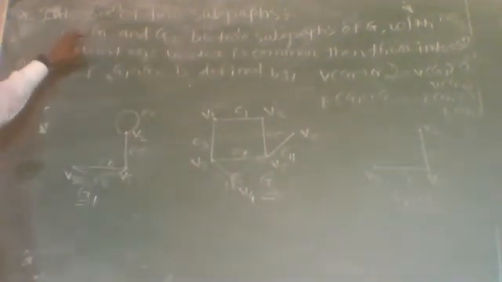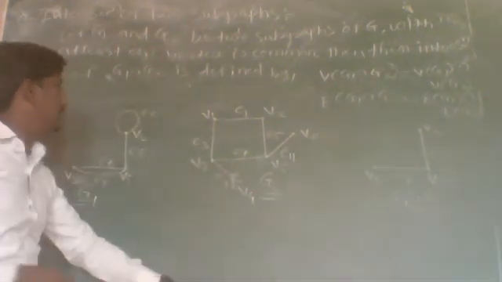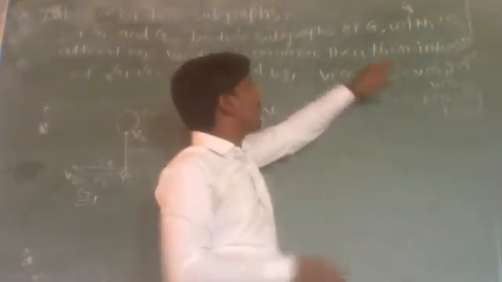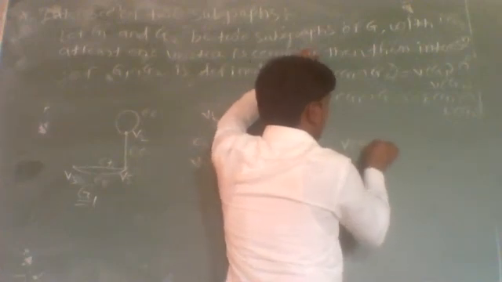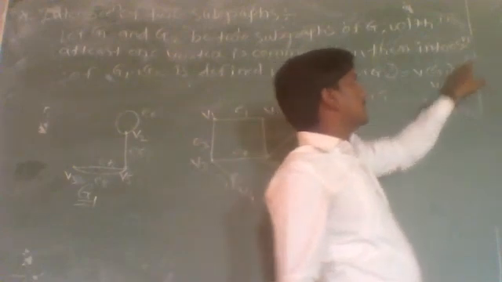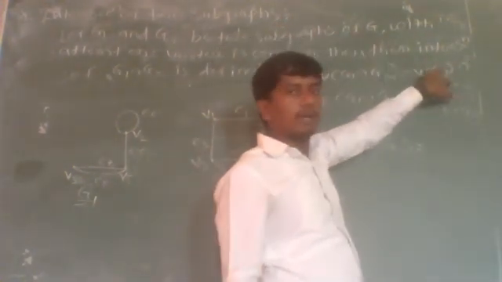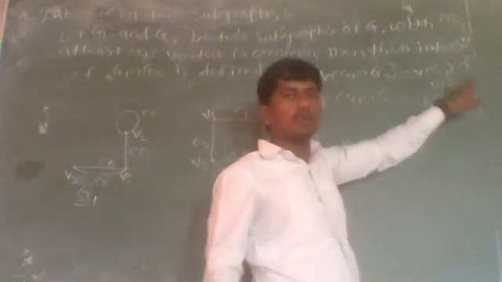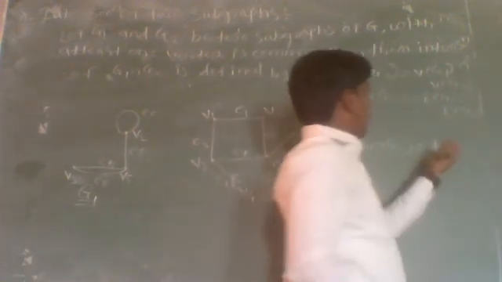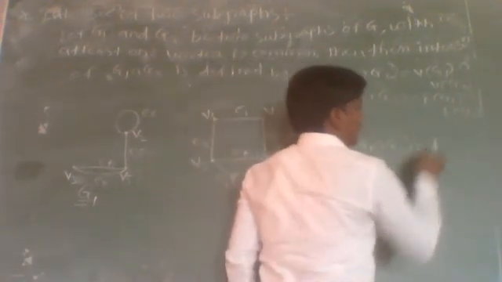Now let us see why there is a need to take at least one vertex common in both the subgraphs G1 and G2. What happens if there is no vertex common between these two subgraphs? Then the vertex set of G1 intersection G2 is the vertex set of G1 intersection the vertex set of G2, which is phi, but this is undefined because there is no graph with no vertex.